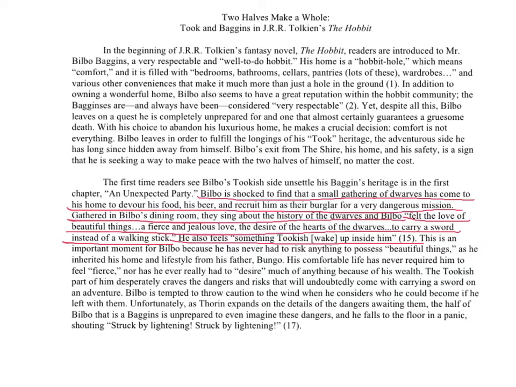And my quote, that Bilbo felt the love of beautiful things, a fierce and jealous love, the desire of the hearts of the dwarves to carry a sword instead of a walking stick, that quote is very, very powerful because it proves that Bilbo is no longer happy with just being a Baggins. He is jealous. He wants something that the dwarves have, that being a Baggins cannot give him.